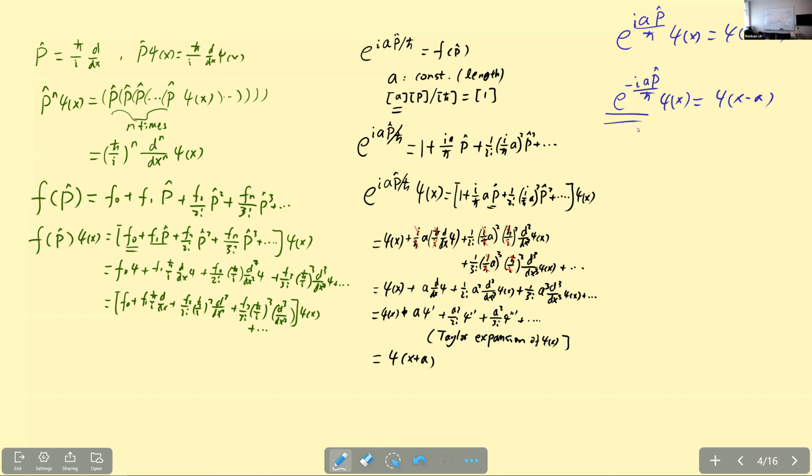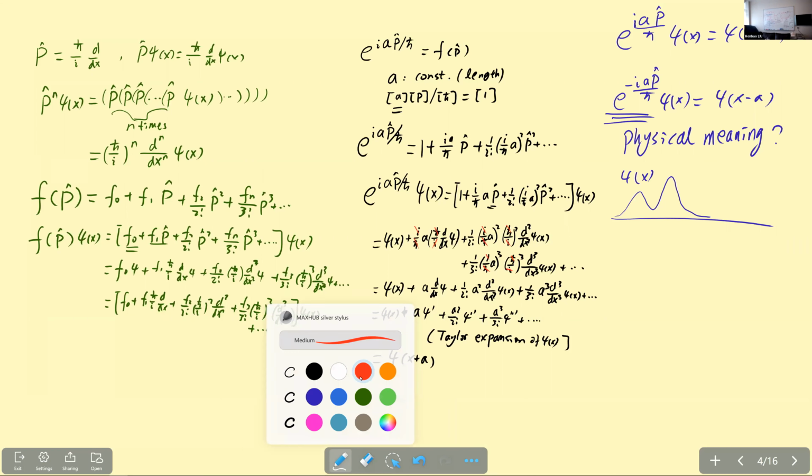So what's the meaning of this one? Suppose you have a wave function. So this is psi of x. And then what you have done is that you apply this one to this. So you got a new wave function.